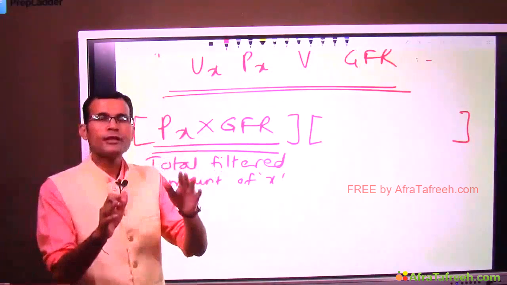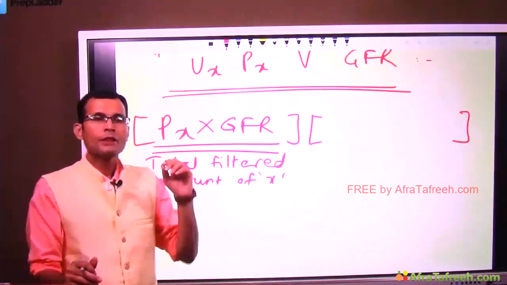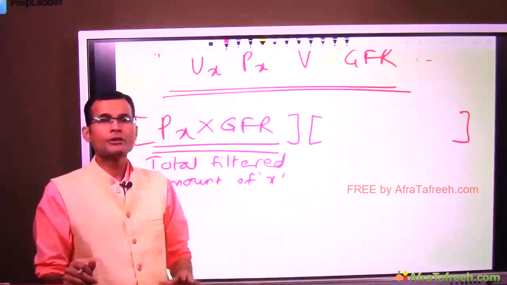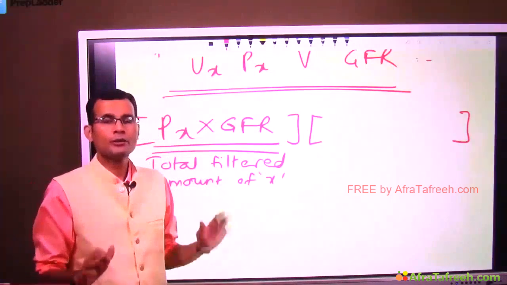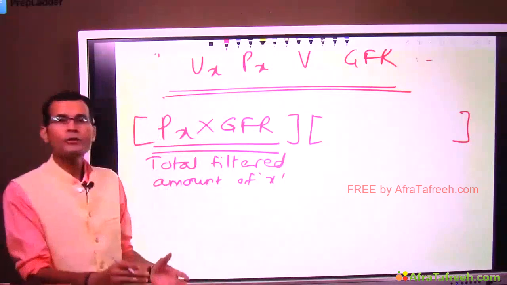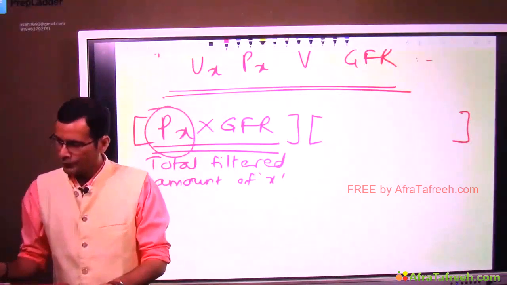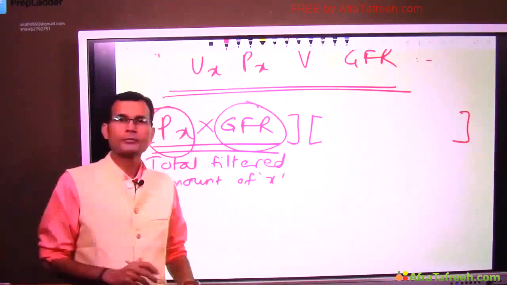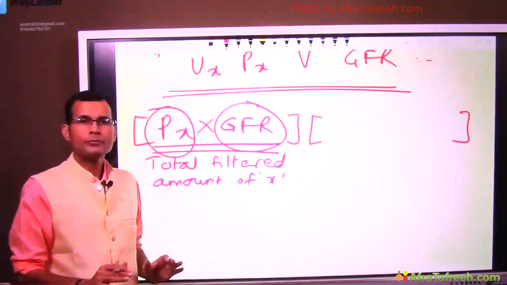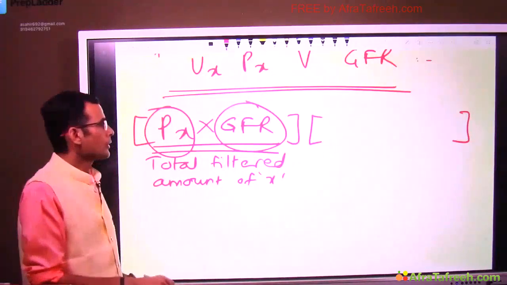So the first thing that is new here is, if we want to calculate the total filtration rate of a substance, the total filtered amount of a substance at the glomerulus per unit time, how do you calculate it? Plasma concentration of the substance into GFR. This is the total filtered amount of a substance at the glomerulus per unit time.